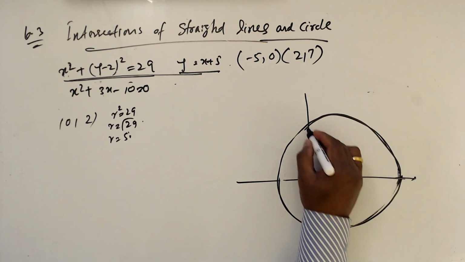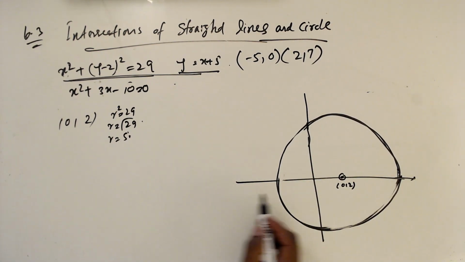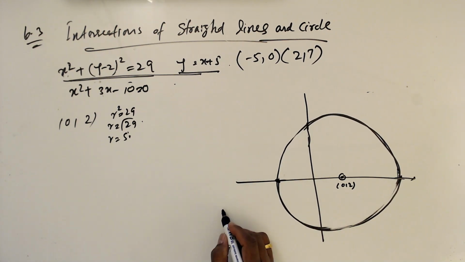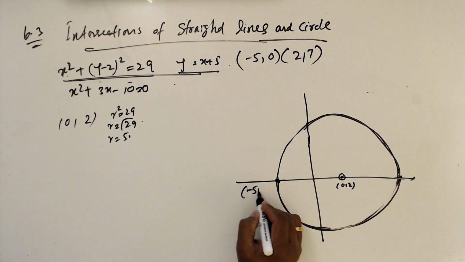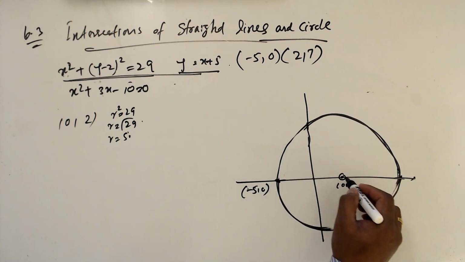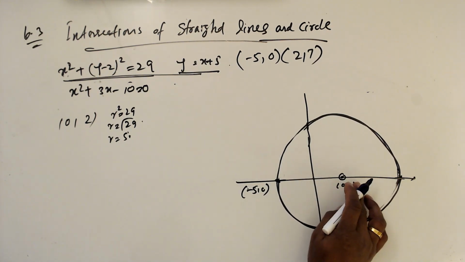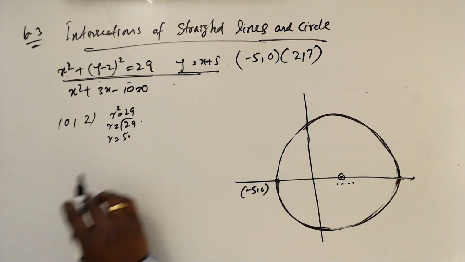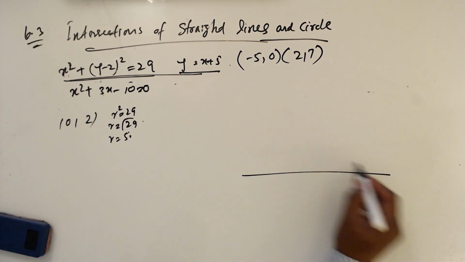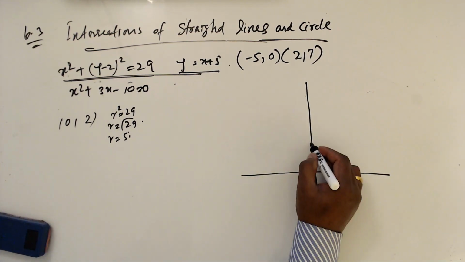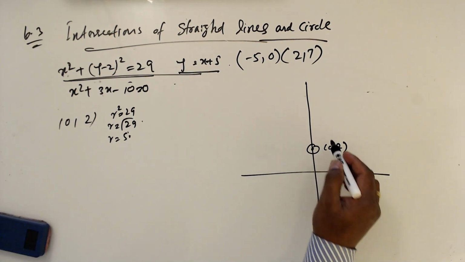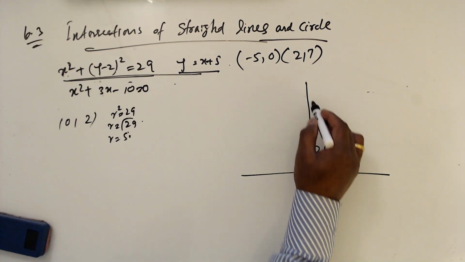Now, minus 5, 0 is here. And 2, 7, this is, okay, this is totally wrong. 0, 2 is in here, and more than 5.